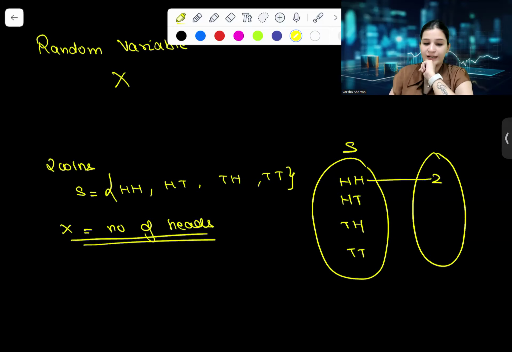Find out E of X square. X square into probability. 0 square into 1 by 8, 1 square into 3 by 8, 2 square into 3 by 8, plus 3 square into 1 by 8. That is 24 by 8, which is 3. So what will be variance of X? E of X square minus E of X whole square.